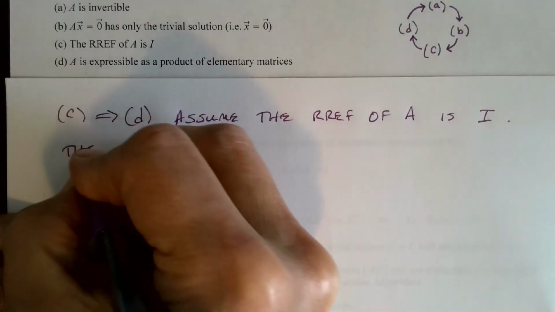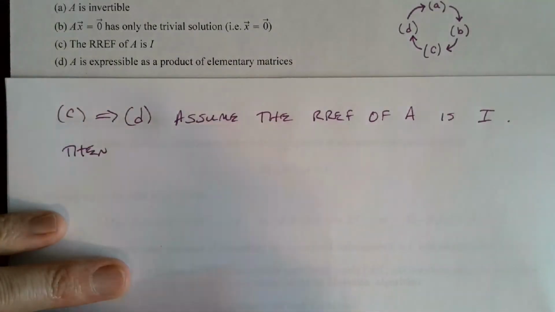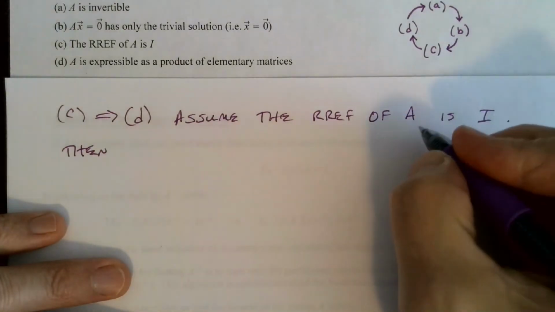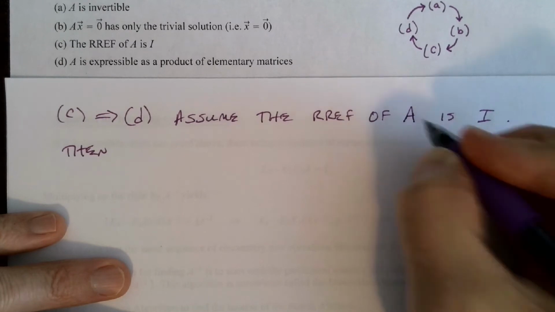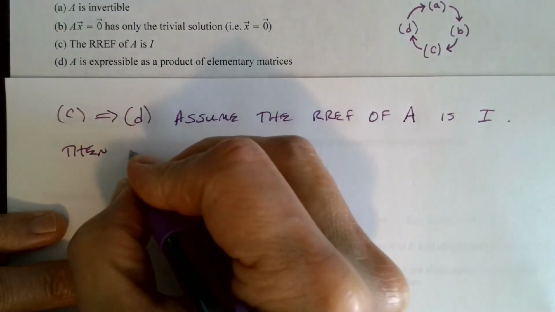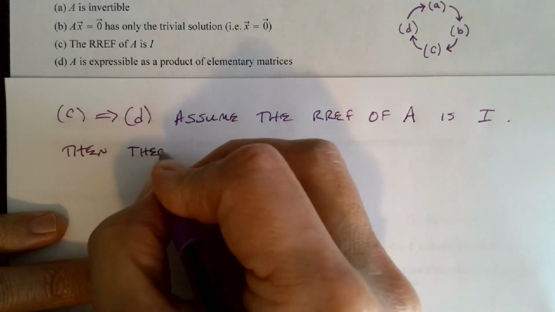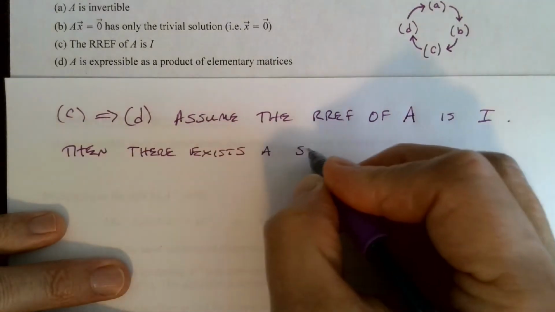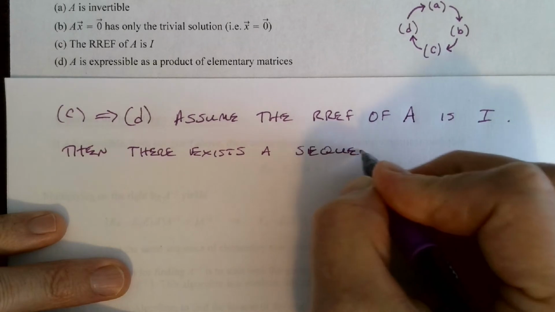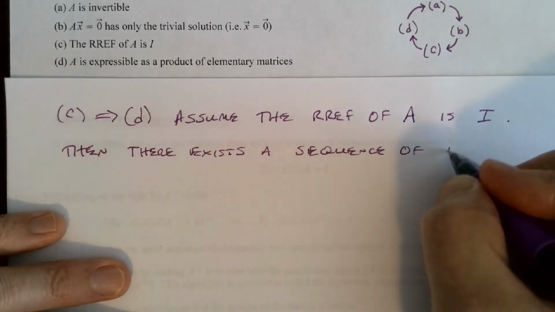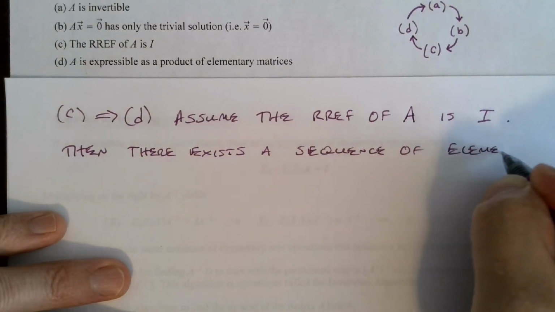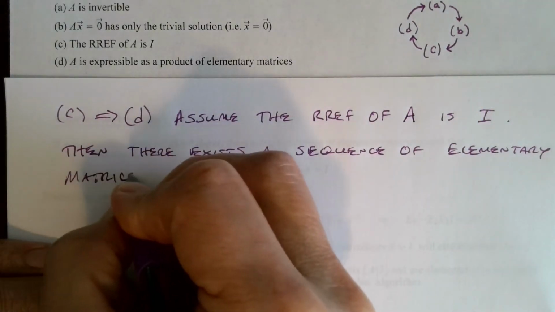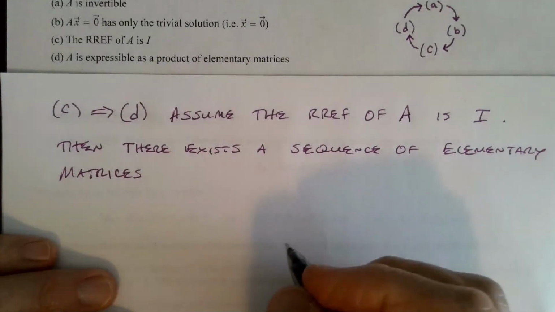Okay, if that's the case, then we can take A, and if we want to put it into its reduced row echelon form, we should be able to do that, and then there exists a sequence of elementary matrices, and I don't know how many of these elementary matrices there are.